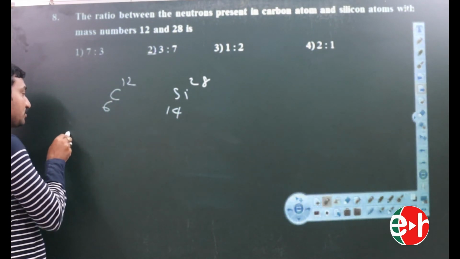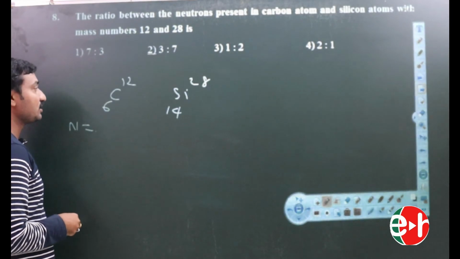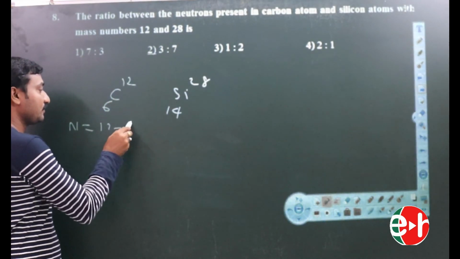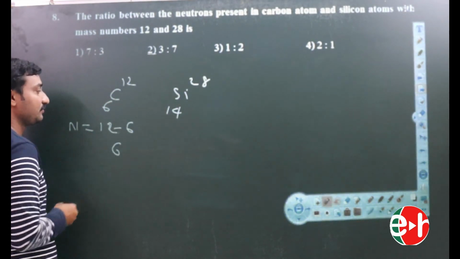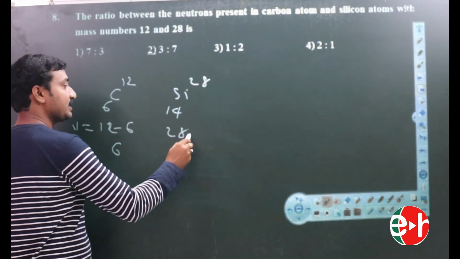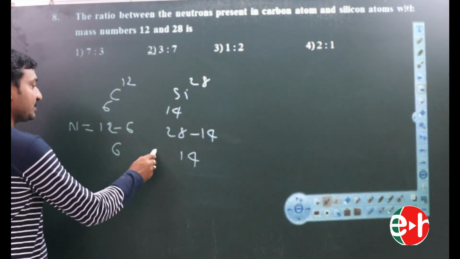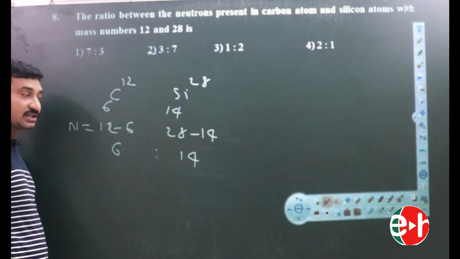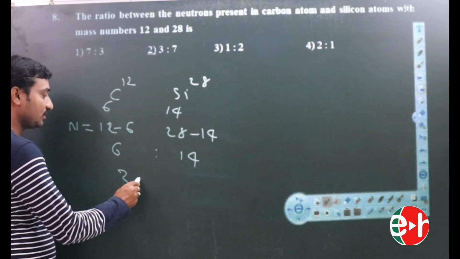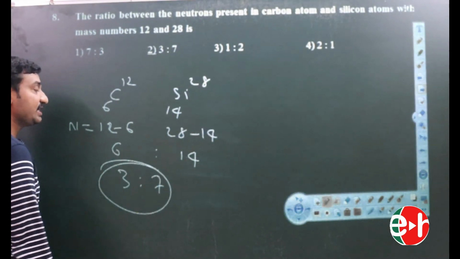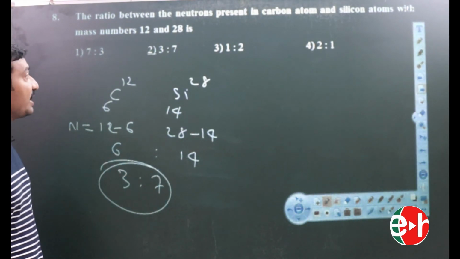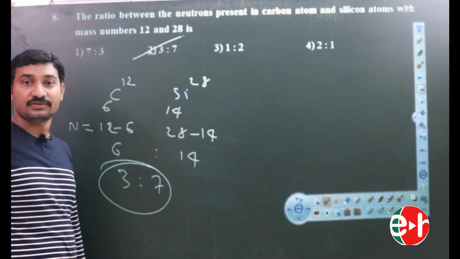Now find neutrons: 12 minus 6 is 6, 28 minus 14 is 14. Now the ratio 6 is to 14, 2 threes are 6, 2 sevens are 14. So 3 is to 7 is the answer, hence the second one is the right answer.